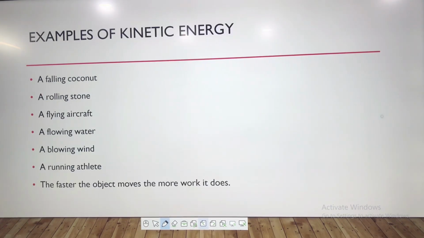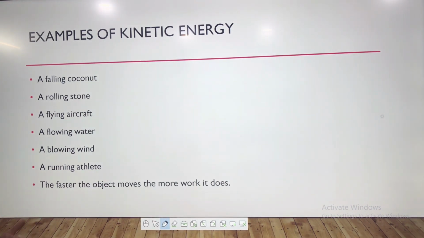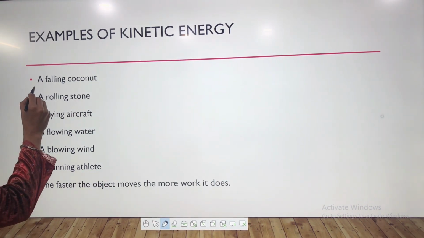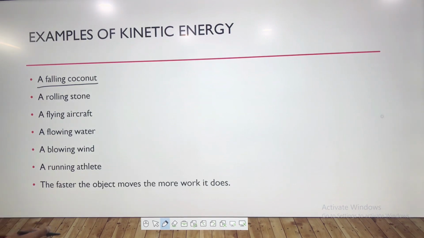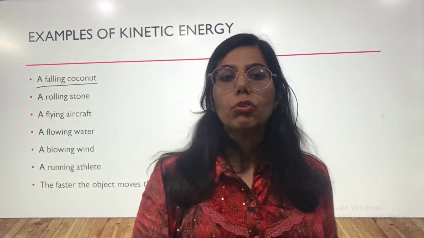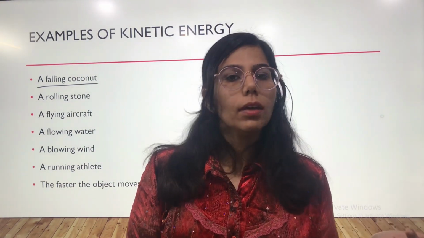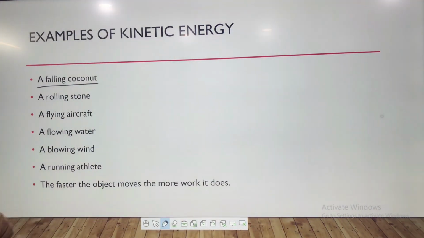Now we will do some examples of kinetic energy. First is a falling coconut, a rolling stone, a flying aircraft, flowing water, blowing wind, a running athlete. Let us start one by one. A coconut is falling from the tree, so it will be in motion, and the energy it has is kinetic energy because it is falling.